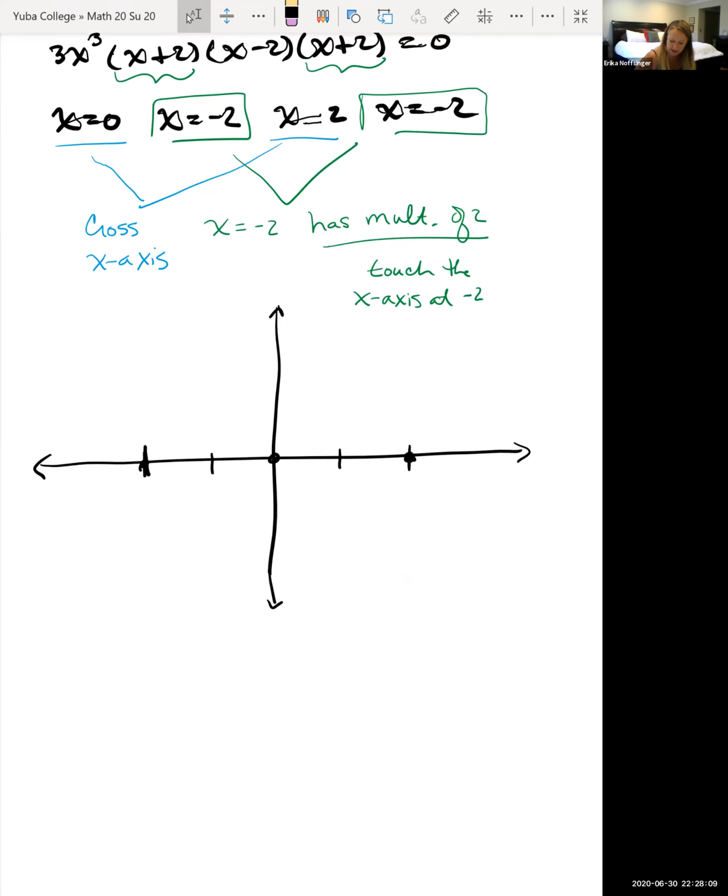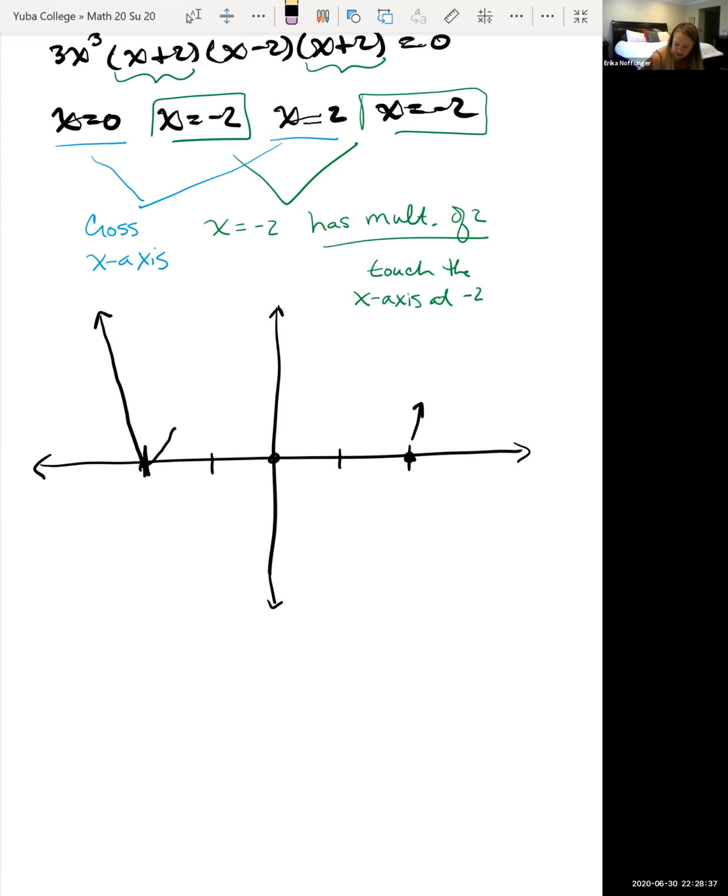We saw that it's going to be shooting upwards in both cases. We saw that x equals negative 2 actually just touched the x-axis there. And so we're going to have to come down, touch the x-axis, turn around.